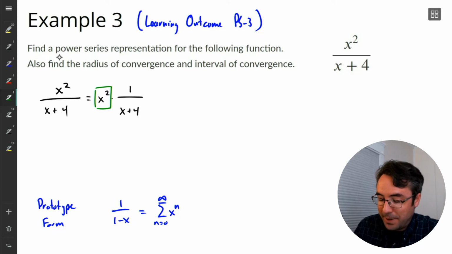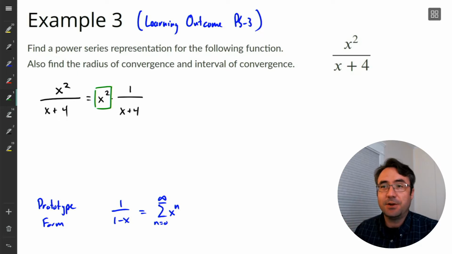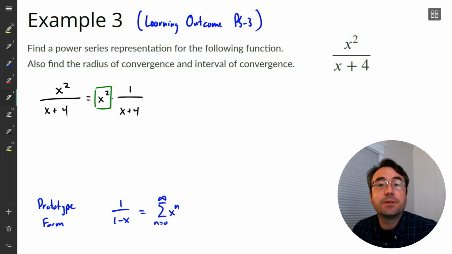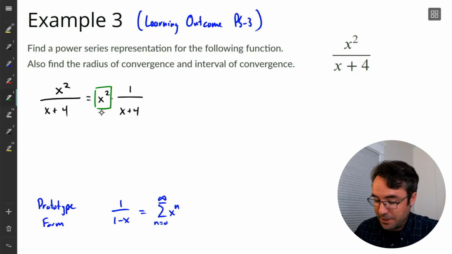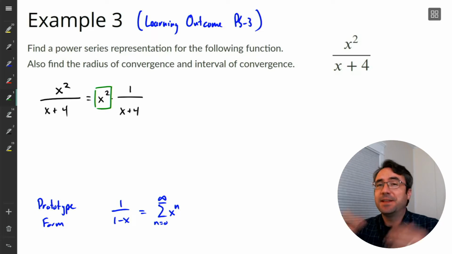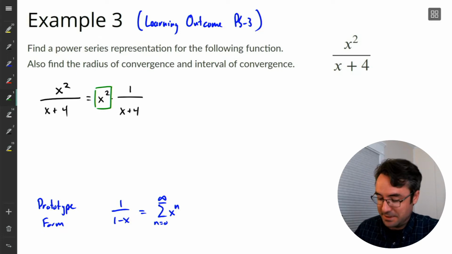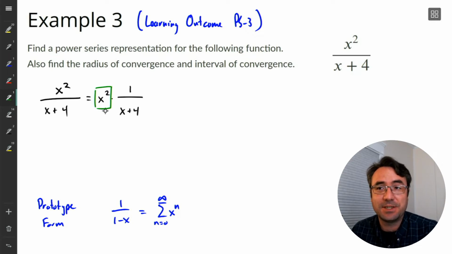So the whole point of doing a power series representation, whether it's this prototype form or the more general case of Taylor and Maclaurin series, is that we can take a function and represent it as essentially a polynomial, these power functions added together. And so if we look at this first piece of this function, x squared, that's already a power function. So there's really nothing we need to do with that to get it as a power series.